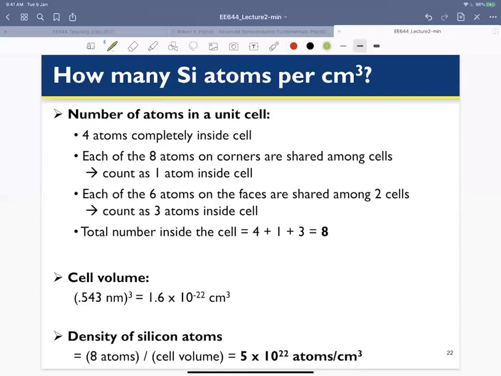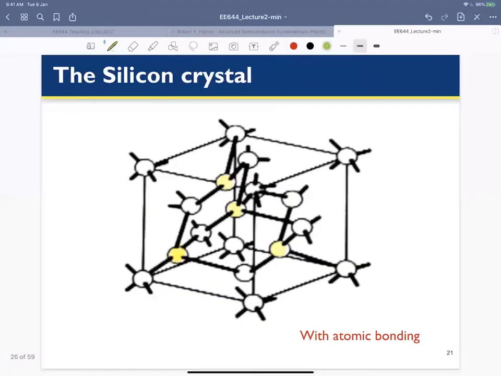If you take a silicon unit cell, what is the number of atoms? This is a unit cell of silicon, and you could take that unit cell and make a crystal.